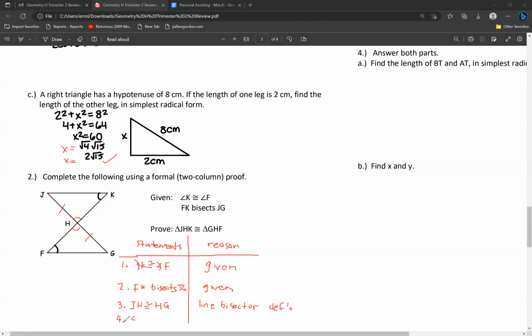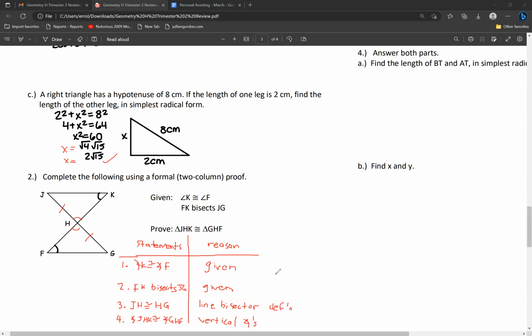So angle JHK is congruent to angle GHF, vertical angles is the reason.